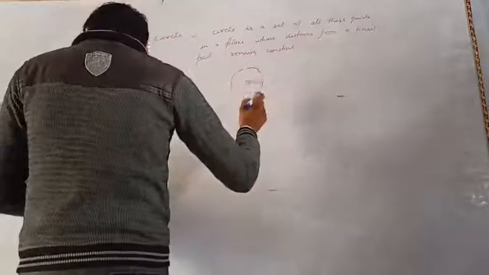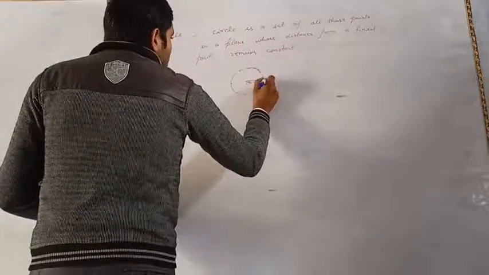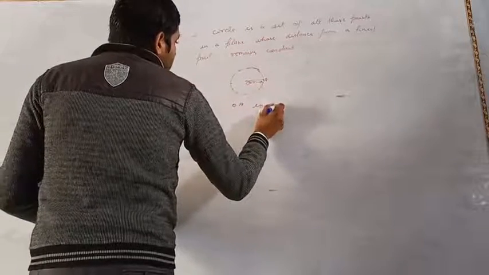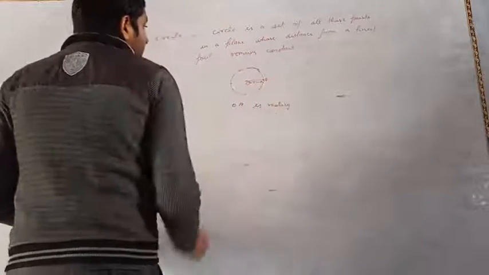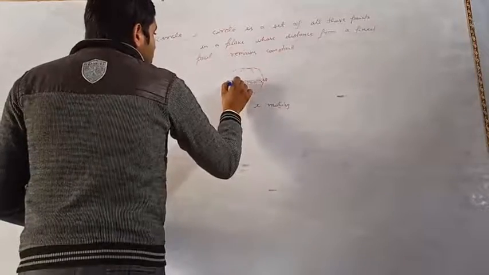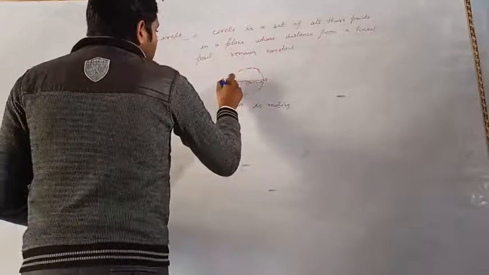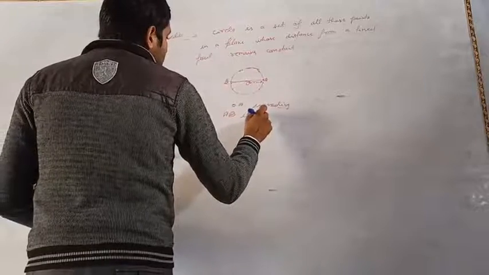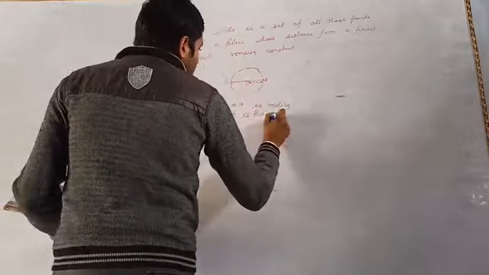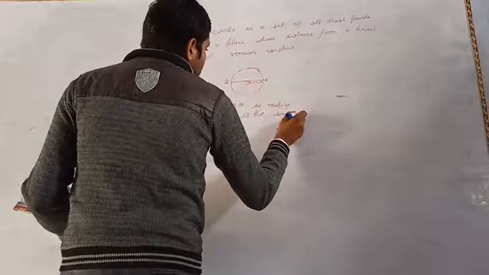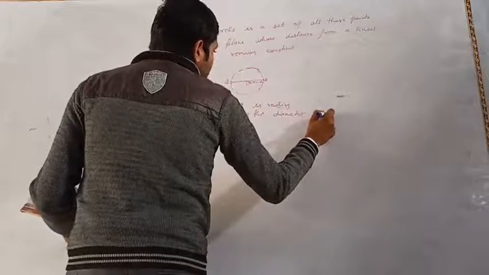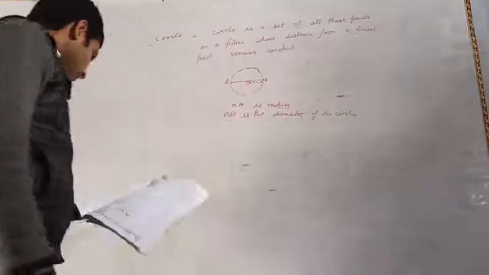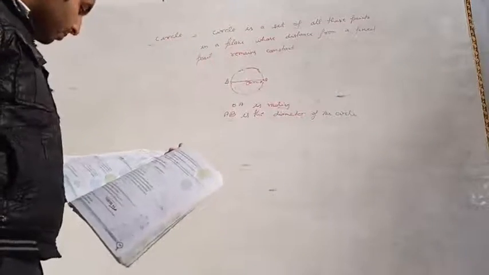If this point is A, then OA is a radius. And if we also draw from B, then AB is the diameter of the circle.